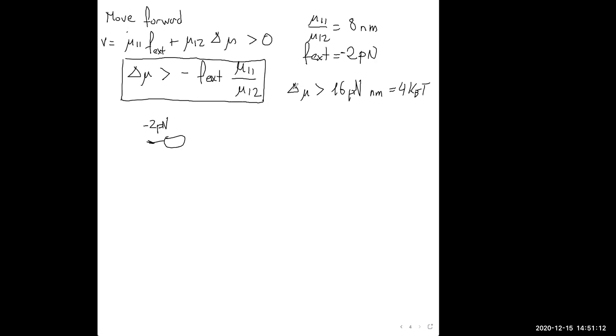In this case, if my molecule gives me 4 kBT of energy, I move forward. If not, I move backwards. So this is why these equations are useful.